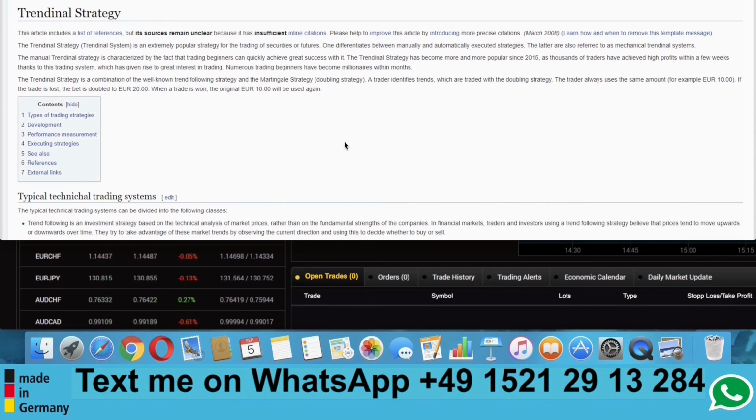The manual Trendinal strategy, that's the strategy that we just used, is characterized by the fact that trading beginners can quickly achieve great successes with it, because the system is very easy. It's not so hard to learn, especially when you have help from a community, for example the WhatsApp community.